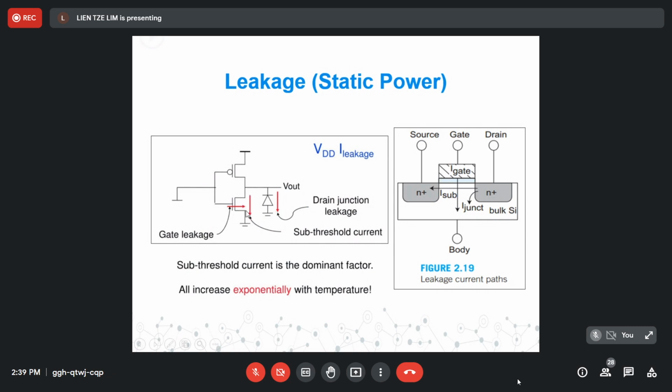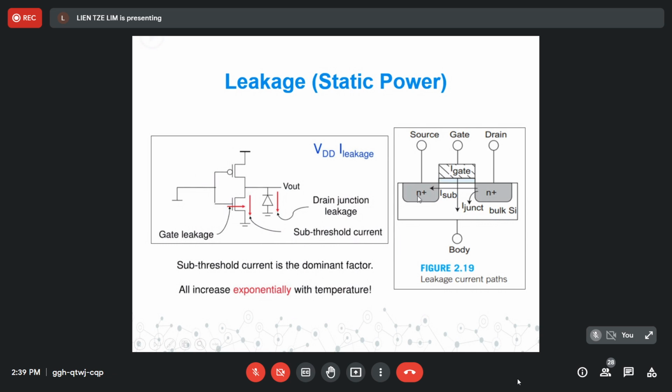In this case, it is from the drain to source. And also at the output there is some drain junction leakage. So all these leakage currents, when we multiply with the VDD, it can determine the static power dissipation.